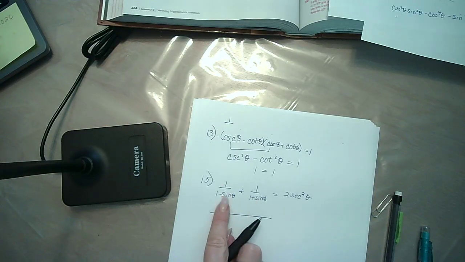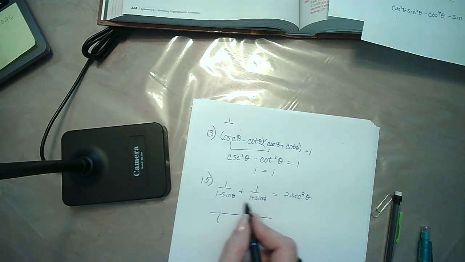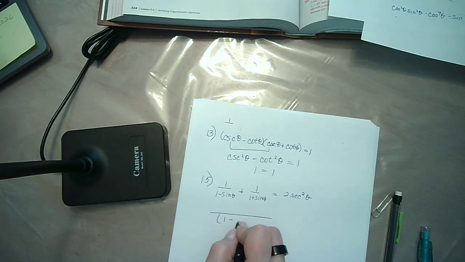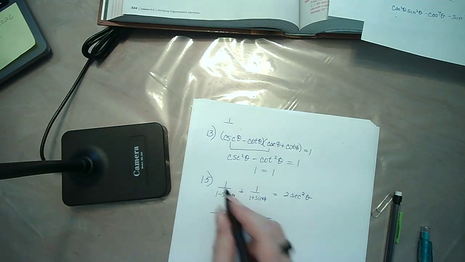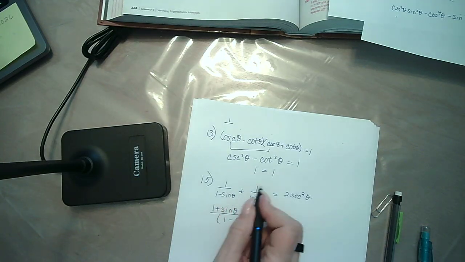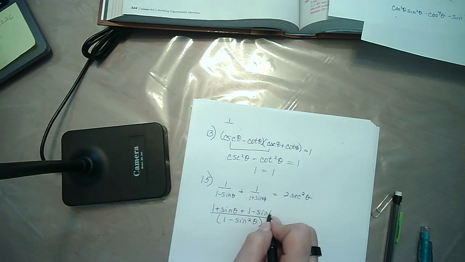I'm multiplying this fraction by that denominator, this fraction by that denominator. So I'm going to get from my denominator 1 minus sine times 1 plus sine, which is 1 minus sine, we definitely did this in class, squared. When I multiply this times this, I get 1 plus sine. This times this is plus 1 minus sine.